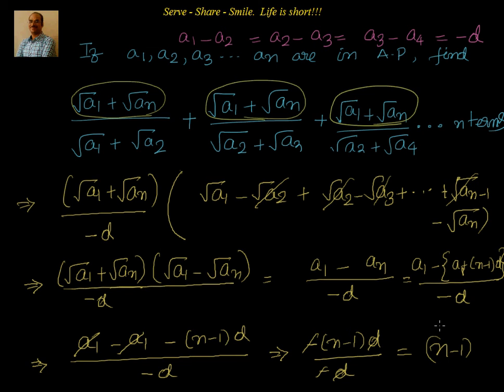First step, we see the numerator is constant, so we can take it common. Second step, we rationalize the denominator so that all the numerators cancel, and we saw the denominator after rationalization is nothing but the negative of d for every term. So we can take that also common, then we can simplify. We got our answer, that's equal to n minus 1.